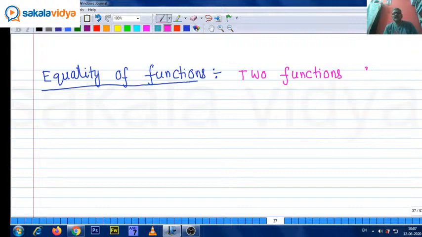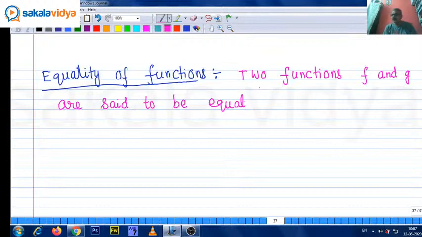Two functions f and g are said to be equal if they satisfy these conditions.